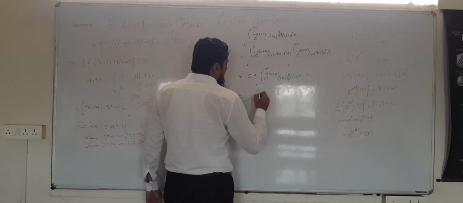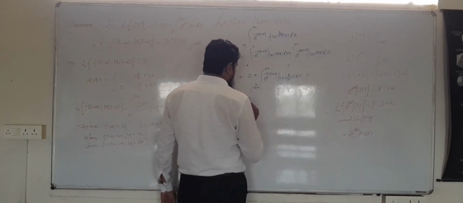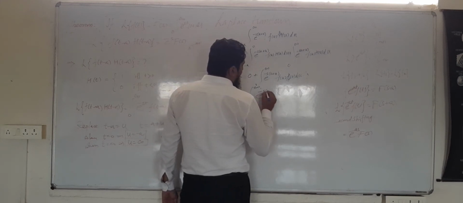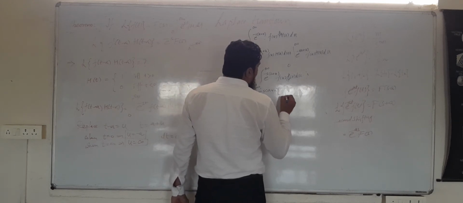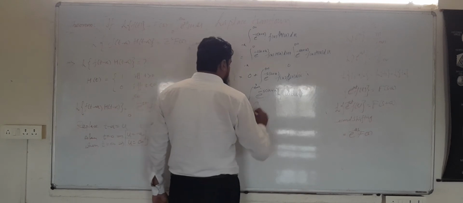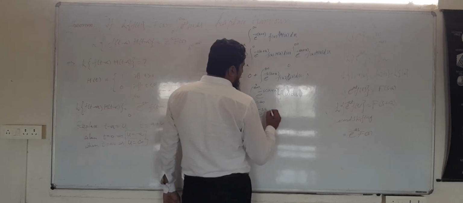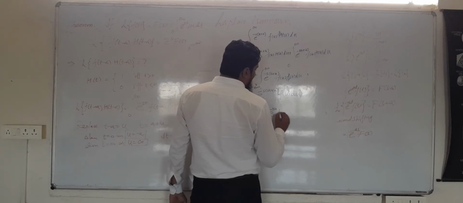So we get the integration from 0 to infinity of e raised to minus s(a plus u) f(u) du, correct? That is the integration from 0 to infinity of e raised to minus sa and minus su f(u) du.